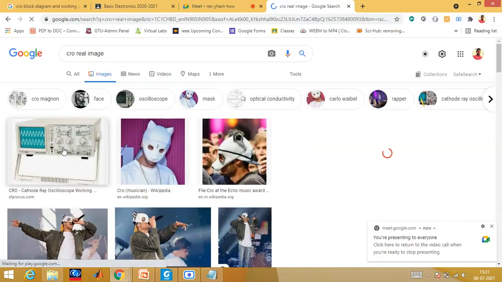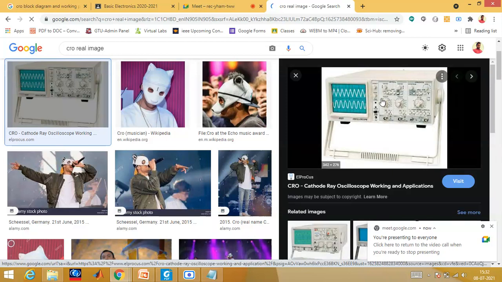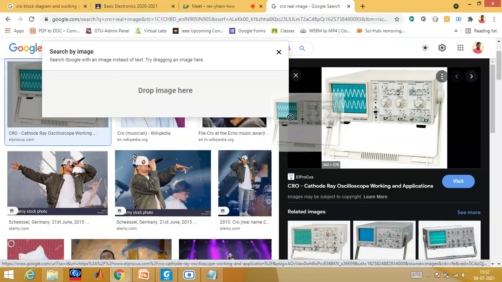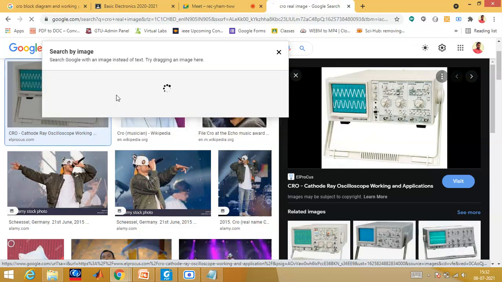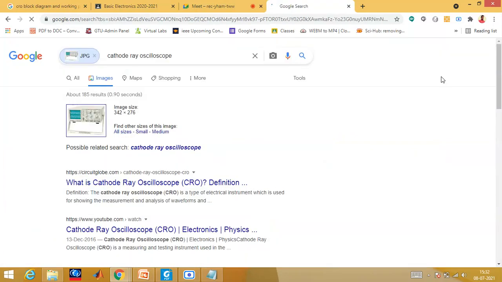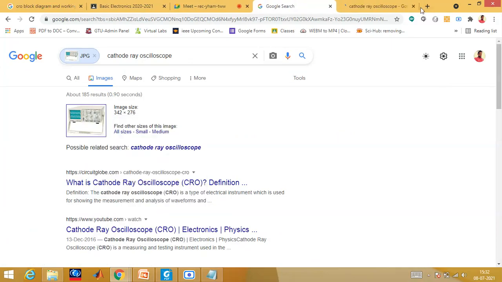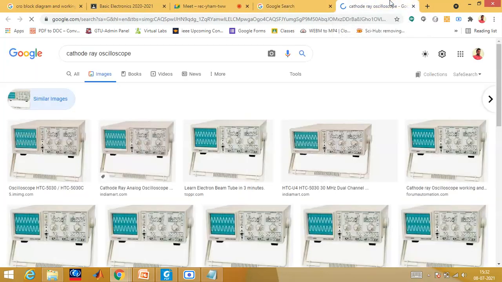See this image. Can you all see this image, or should I enlarge it? Yes, sir, you can see it. Some bigger image we can also get. One minute, I'll just show you the real image of it.